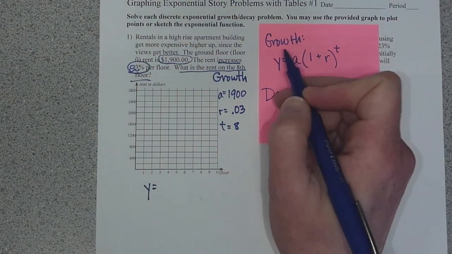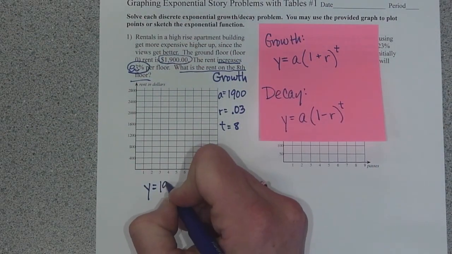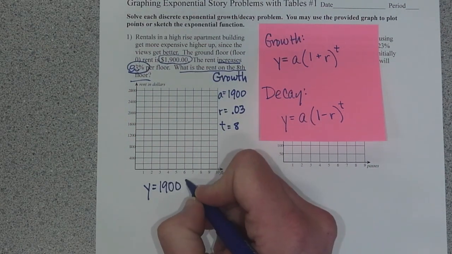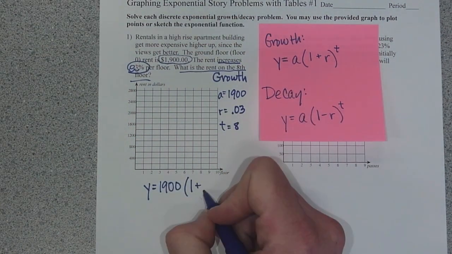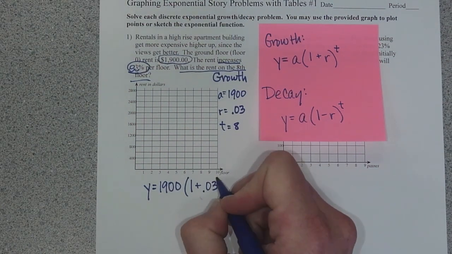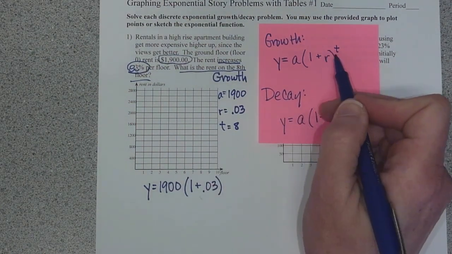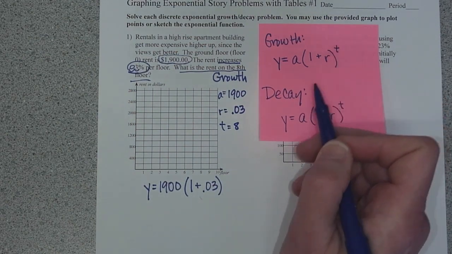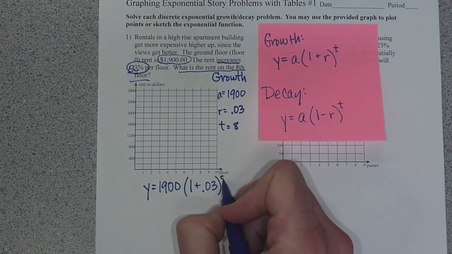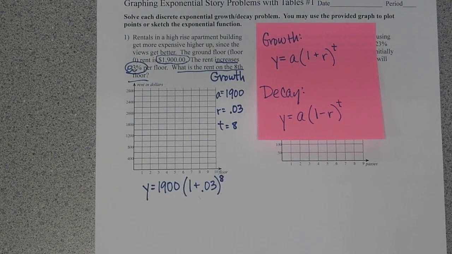So instead of a, I'm going to write 1900. And then I've got my parentheses 1 plus, now let's see, what was r? Oh yeah, 0.03. Close those parentheses up, and then we've got our little exponent of t, and t is going to be 8. So I'll put my 8 right there.